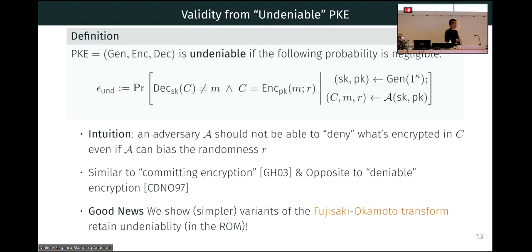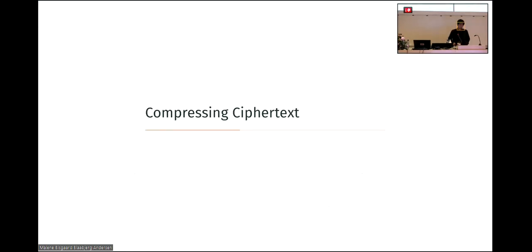Actually, the full-fledged Fujisaki-Okamoto is not needed; we can simplify a bit. I'm not going into detail, but it's easy to retain validity essentially for any public key encryption scheme. So this approach works for post-quantum schemes. Okay, so these are the basic ideas.